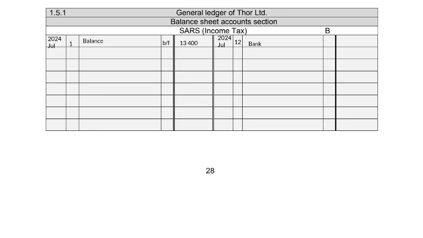So SARS paid it over to the company. So the company received 13,400 Rand on the 12th of July. Now both sides of the ledger account are square.